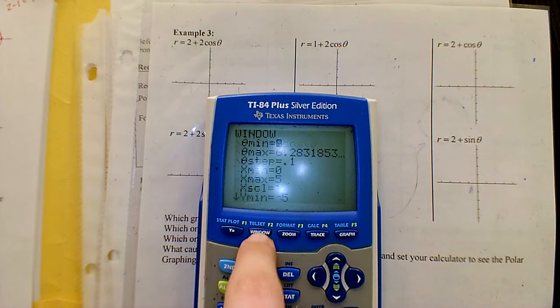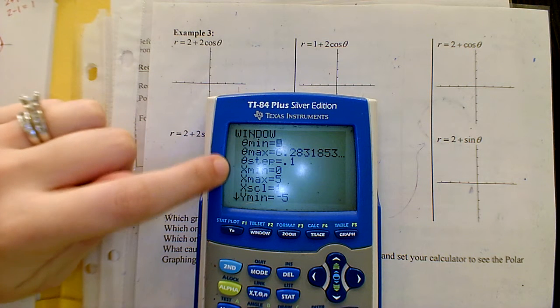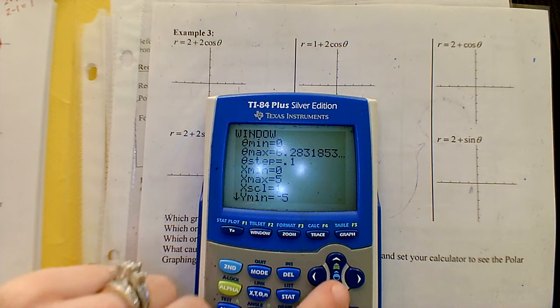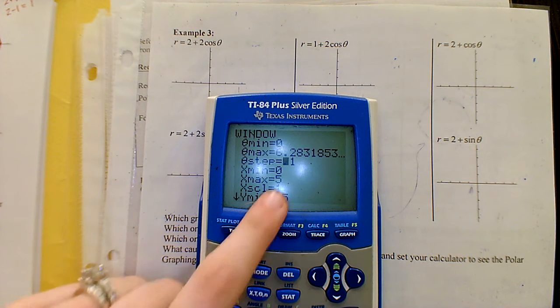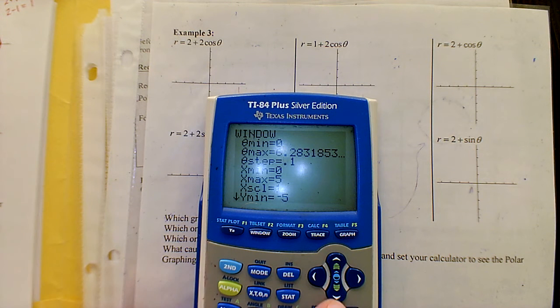Before we hit graph, let's go ahead to the window. Similar to parametrics, when we had those t values to type in, we're going to have the theta values to type in here. Since we're talking about theta values, maybe we'll go from 0 to 2 pi, like a full circle. And then you can choose whatever step you want to. Maybe you want to count by 0.1.